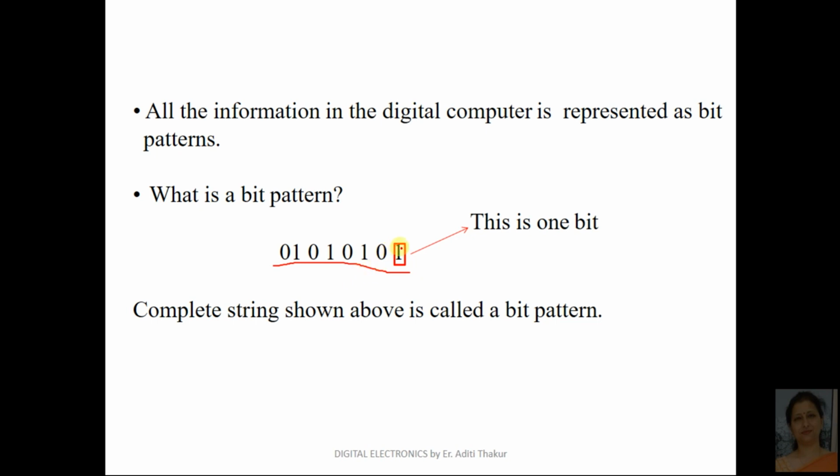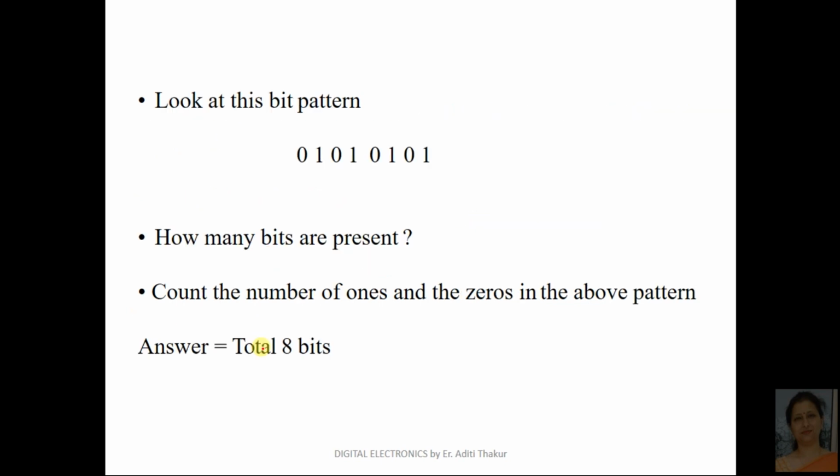And only one number or one digit is called a bit. It can be any one from this string. So a single number or single digit is called a bit.